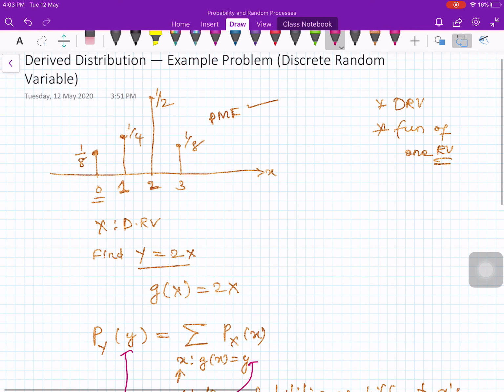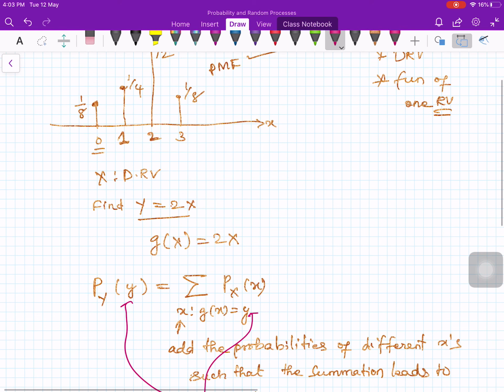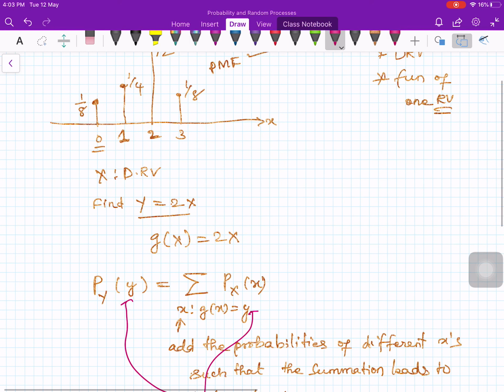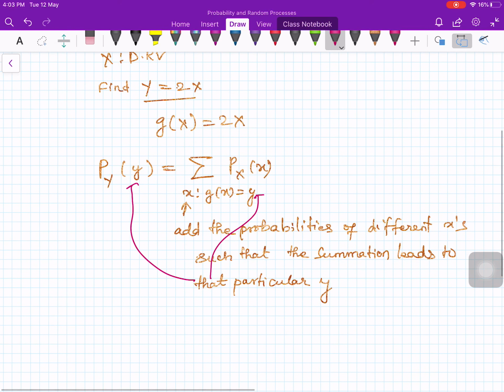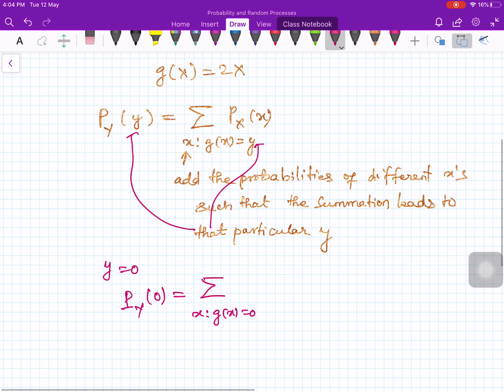So now to find the probability mass function for Y, let us take different values of y. Let me consider y equal to 0. Then p_Y of 0 is the sum over the set of all x's such that g of x equals 0. Here g of x equals 2x, which is equal to 0, so x equal to 0 is the only value that satisfies this condition.